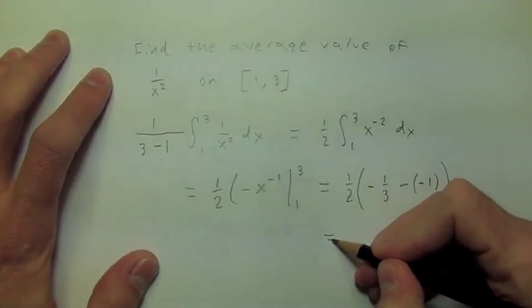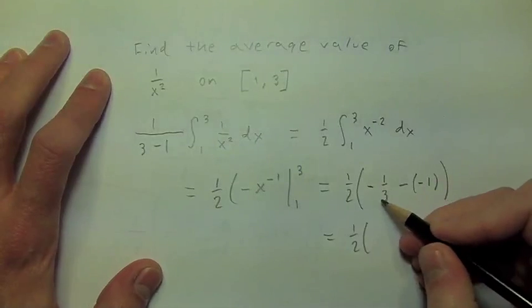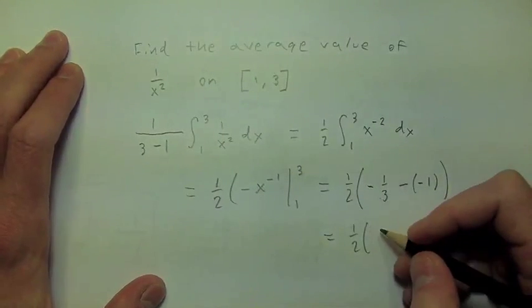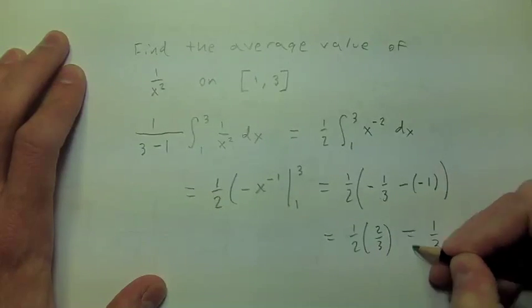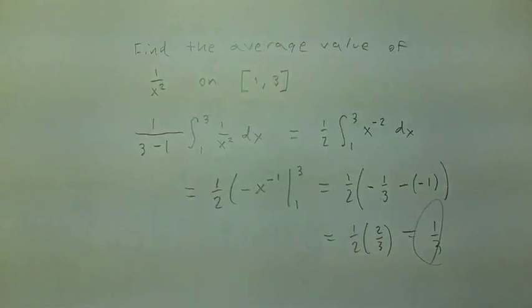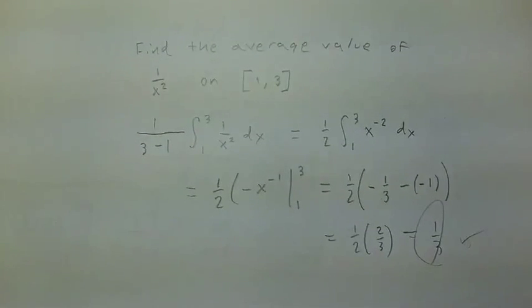Okay, so this ends up being 1/2 times, this is negative 1/3 plus 1, so this is positive 2/3. So we get 1/3. All right, so the average value of 1 over x squared on the interval 1 to 3 is simply 1/3. And that's it.